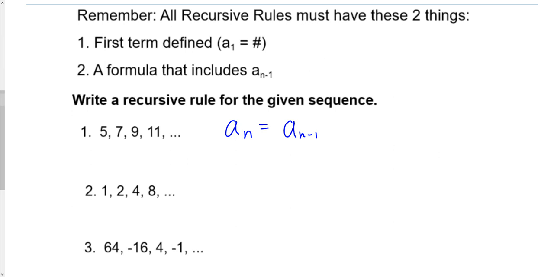The only thing that needs to be added to this is the common difference. We said that d equals 2, so we just throw plus 2 at the end. That's the recursive formula. The final part is to define where to start. So we say a sub 1 equals 5. It's over there in the list. That's the answer.